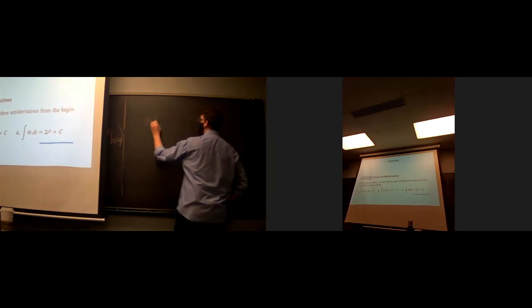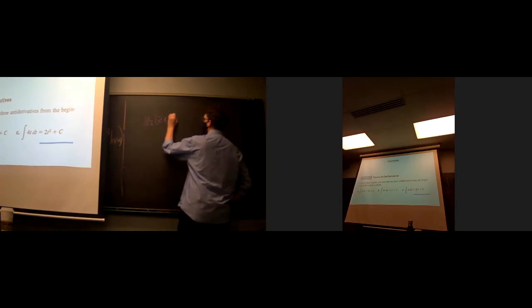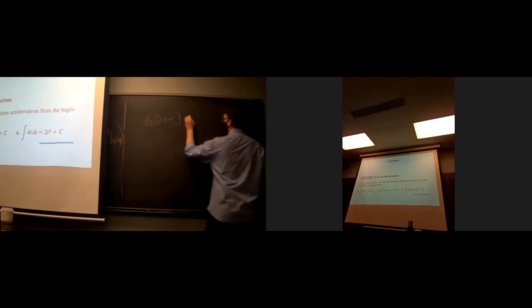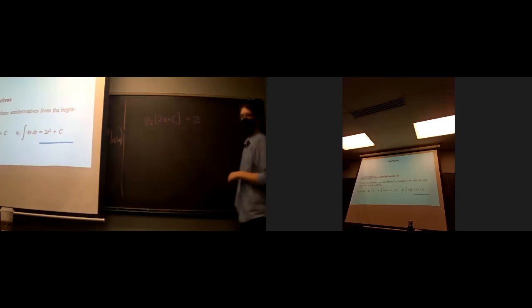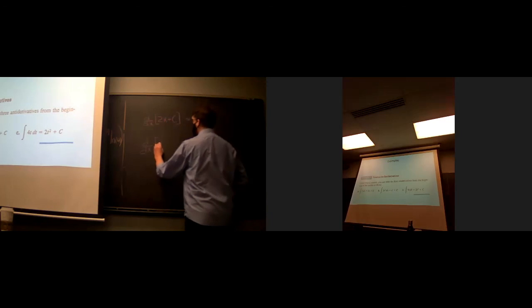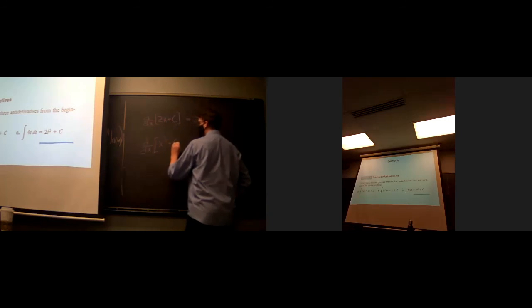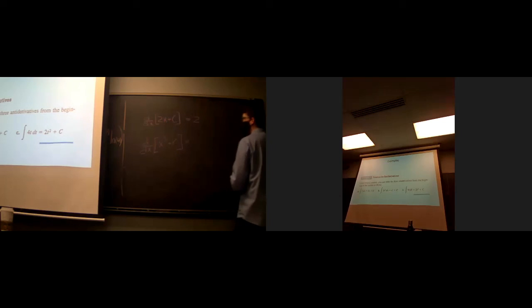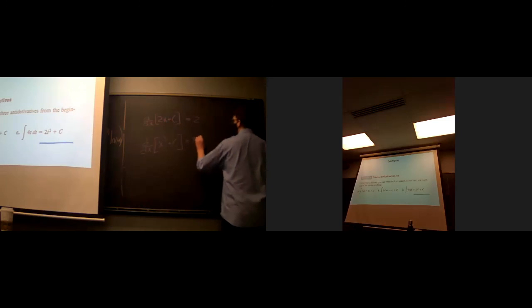Applying the derivative to 2x plus c, this is going to come out to be 2. Well, the derivative of a constant is 0, so it's just 2. Doing the same thing now to x cubed plus c, the derivative of a constant is 0, and the derivative of x to the third is going to be 3x squared.